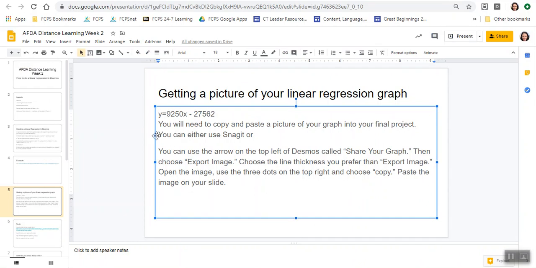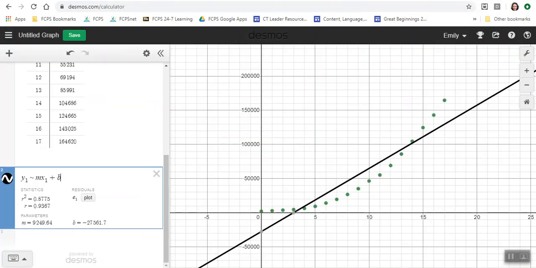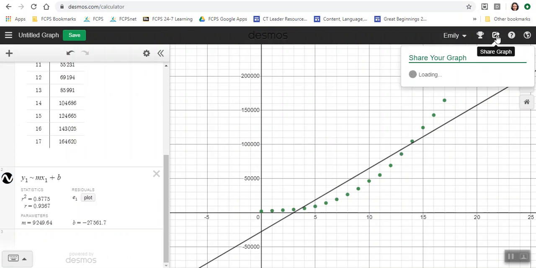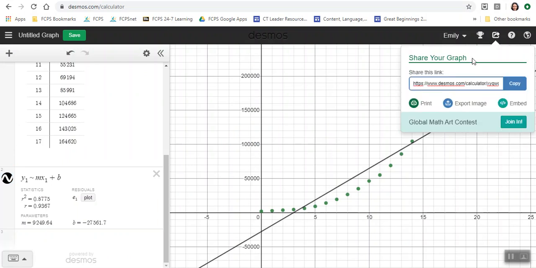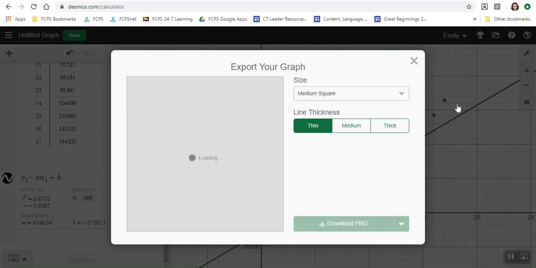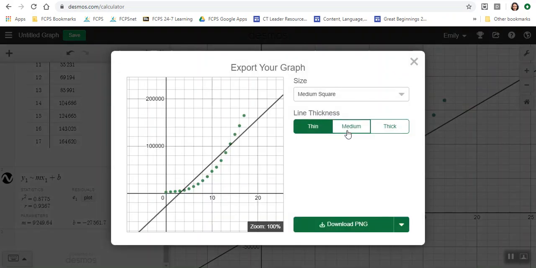And now I need to copy and paste a picture into my final project. So you could use Snagit, or you can use Desmos' Share Your Graph. I'll show you how that works. Going back to Desmos, I click on this arrow up here, and I need to export the image. You can change your line thickness if you want, that's up to you. Then download it.